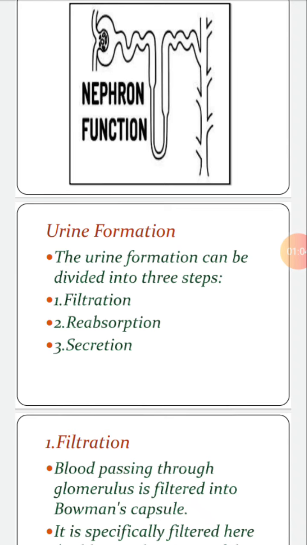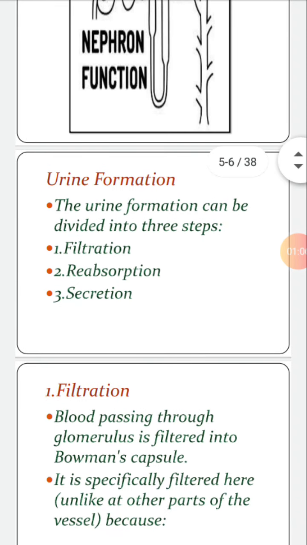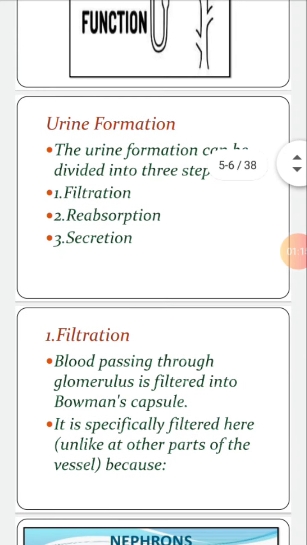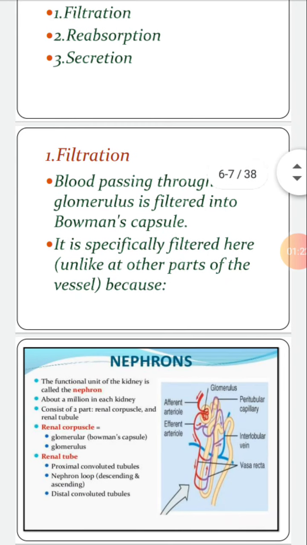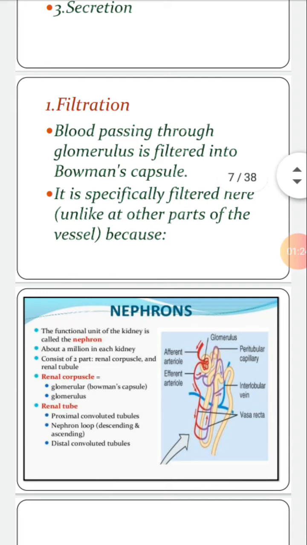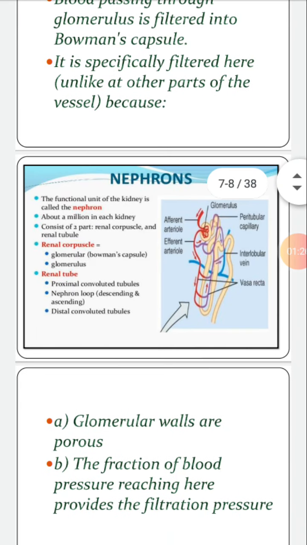First is filtration. Blood passing through glomerulus, ball of capillaries, is filtered into a cup-shaped swelling called Bowman's capsule. It is specifically filtered here, unlike at other parts of the vessel, because glomerular walls are porous, they contain pores.